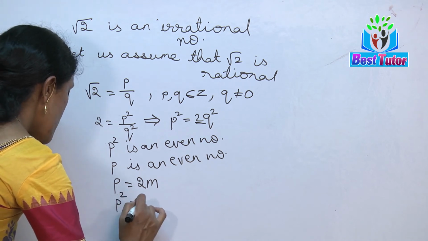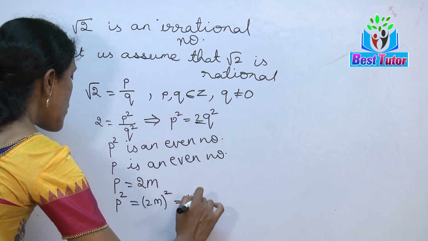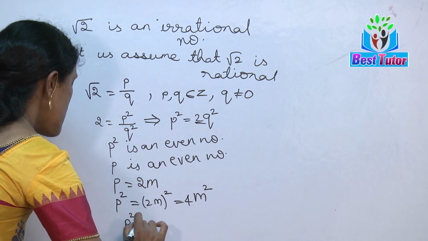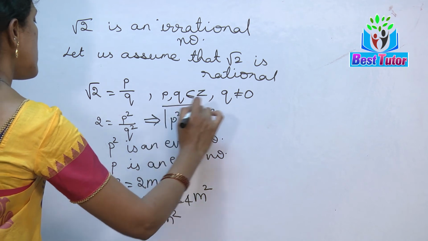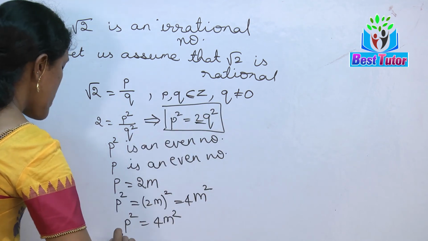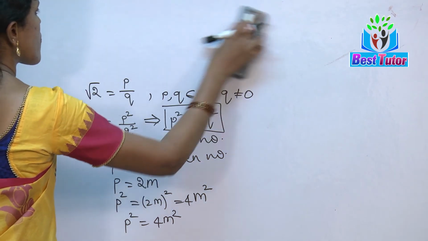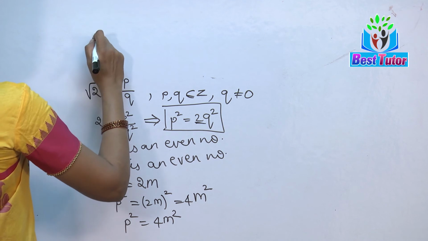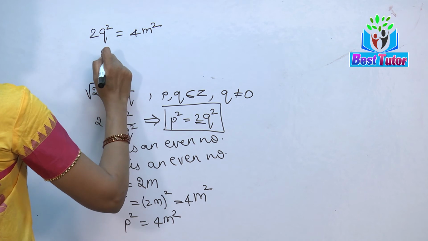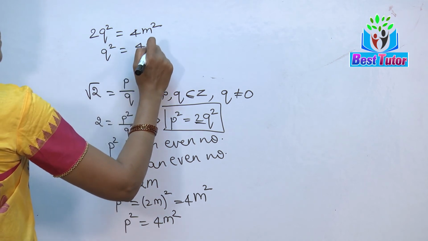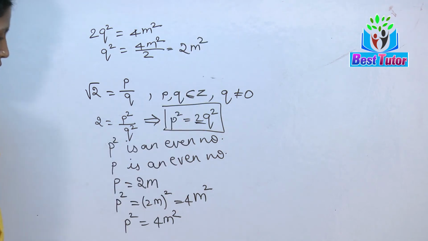Now if we square on both sides, we get p square is equal to 2m whole square, or 4m square. P square is equal to 4m square. But here we have got p square is equal to 2q square. If I substitute here, this implies 2q square is equal to 4m square, or q square is equal to 4m square by 2, and hence we get 2m square.